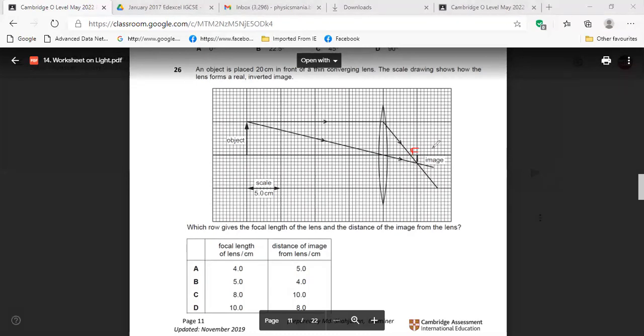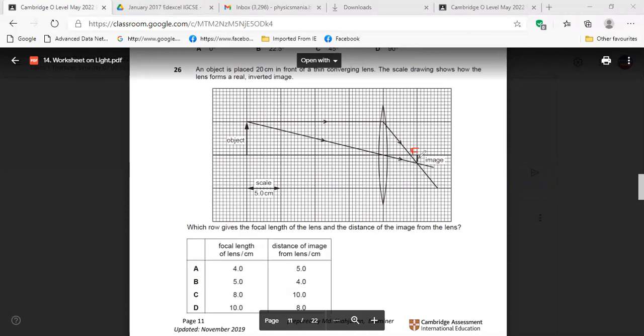So, the distance between F and the optical center. Here is the optical center, the middle of the lens. So how will we find the distance? Look, for 10 small squares we have 5 centimeters, so 2 small squares is 1 centimeter.